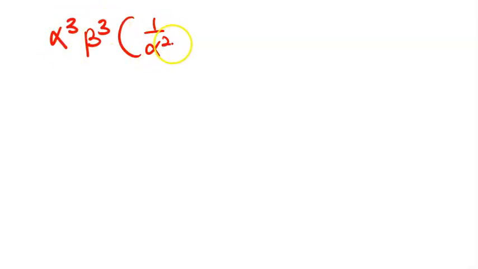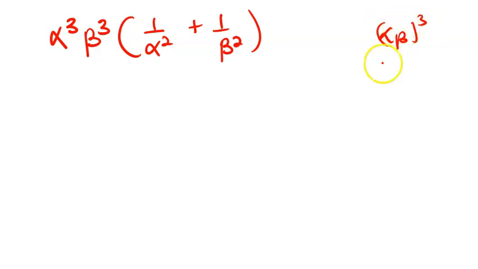We have alpha cubed beta cubed, all times 1 over alpha squared plus 1 over beta squared. There are several ways of doing it. We can expand and simplify it, or we can rewrite this as alpha beta all cubed, and then simplify what is in the bracket.